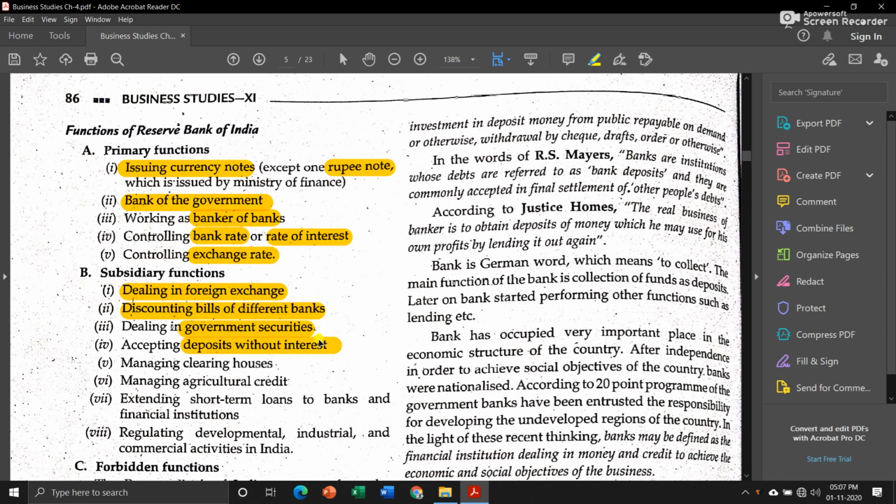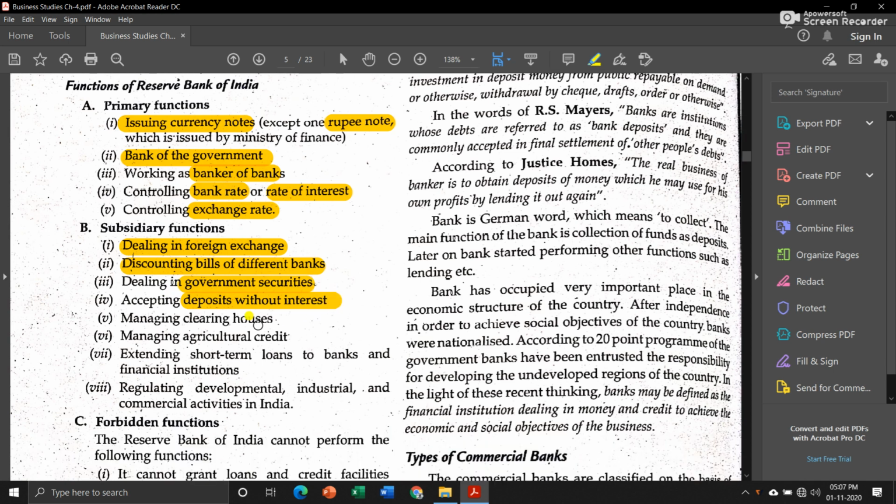Now RBI can accept deposits, but on those deposits they cannot provide any interest. Then managing clearing houses, then managing agricultural credit, means how much credit the agricultural sector must get. Then extending short-term loans to banks, means whenever a bank needs to take a loan, then they can take it from RBI. Now RBI only provides short-term loans, and to other financial institutions as well.